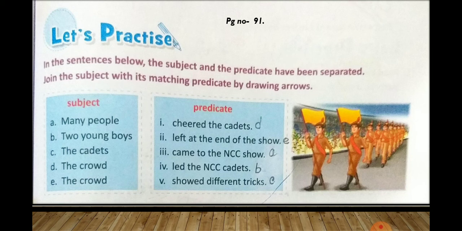So, you will not draw lines because it doesn't look good, but you will simply write down the numbers by the side. So, let's start. So you can see in one column we have got the subject and on the other column we have got the predicate. So what we have to do here? We have to match the subject with the correct predicate.